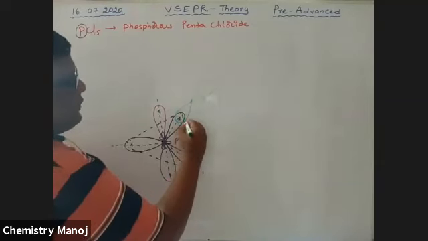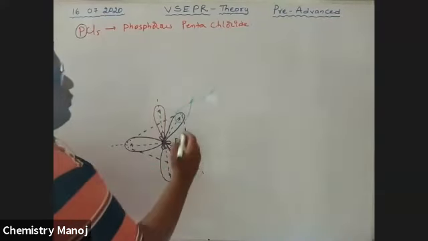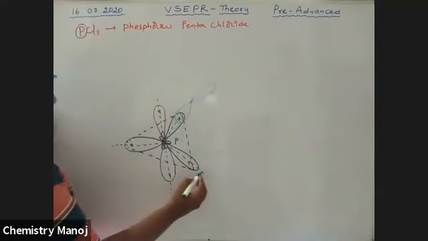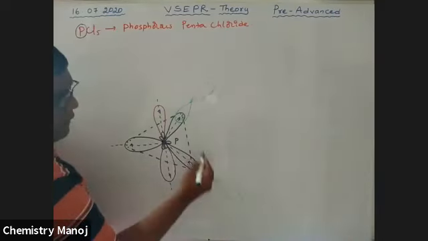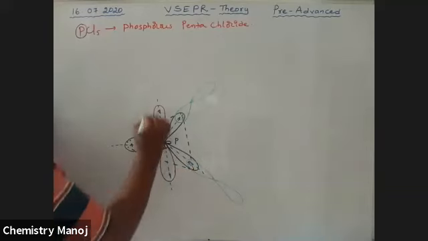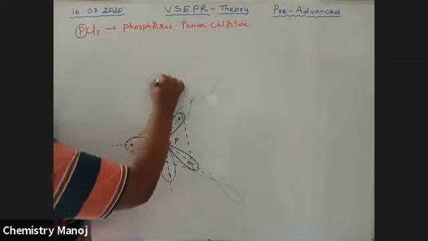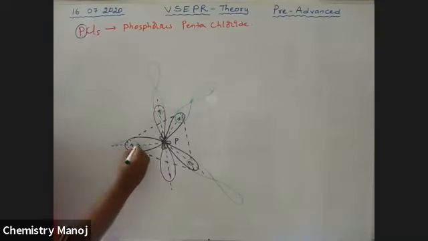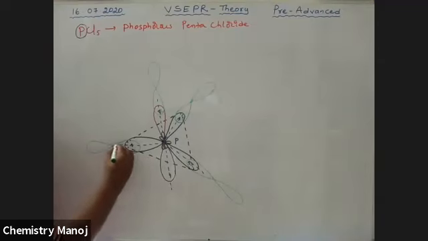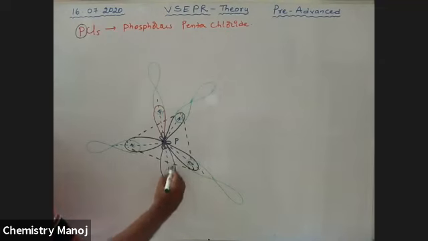This is from the chlorine side. It has an unpaired electron. Another chlorine atom has an unpaired electron.